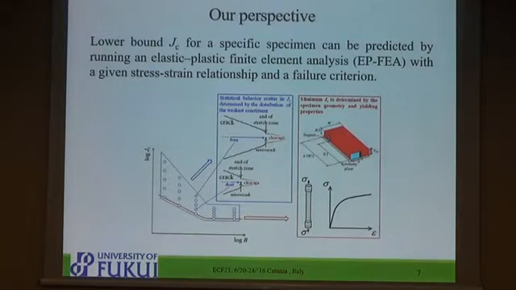We interpreted Chen's opinion as meaning that at least the lower bound JC for a specific specimen can be predicted by running an elastic-plastic finite element analysis, EP-FEA, with a given stress-strain relationship and a failure criterion.